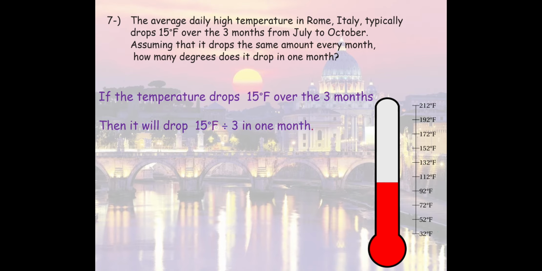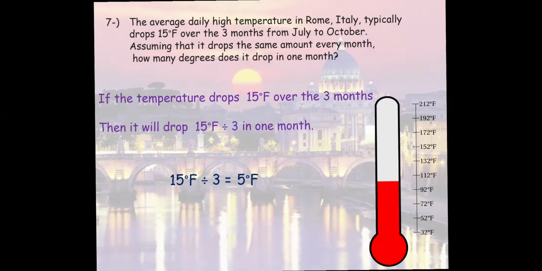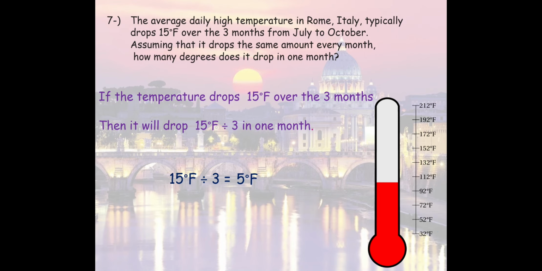So if in 3 months it drops 15 degrees Fahrenheit, and they said the same amount every month, we're going to divide the 15 degrees Fahrenheit by 3 to get it in 1 month. So 15 divided by 3 will give me 5 degrees Fahrenheit. So this is the drop in 1 month. It is 5 degrees Fahrenheit.